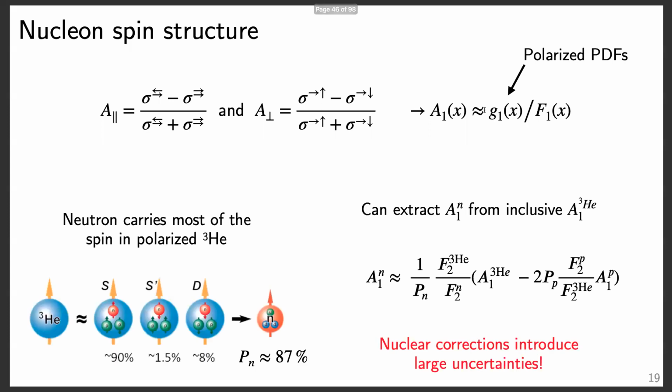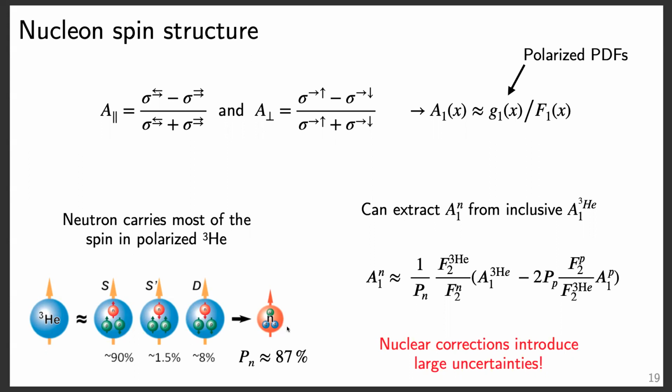Now, historically, helium-3 has been the favored kind of nucleus for extracting neutron spin, because when you have polarized helium-3, the neutron carries most of the spin. So with polarized helium-3, the neutron polarization is about 87%.